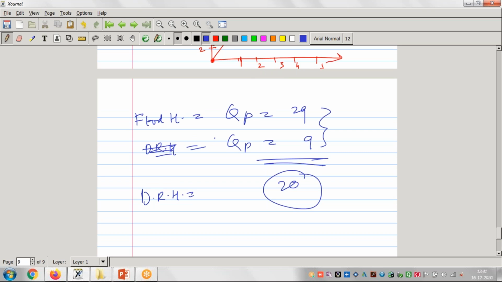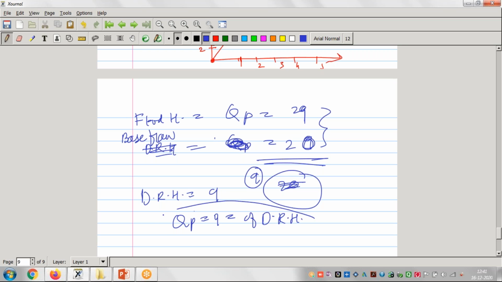If the base flow is 20, and I deduct it from 29, I will get 9. And this 9 is the QP of the DRH. I think it is simple. Is this okay?